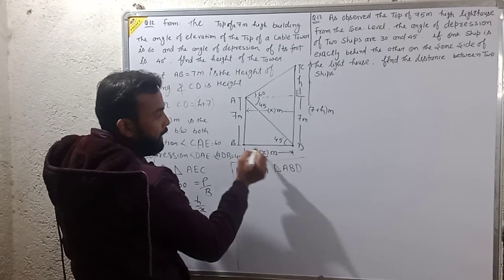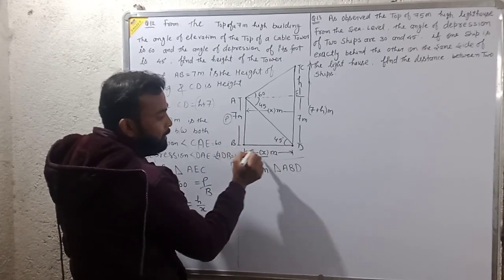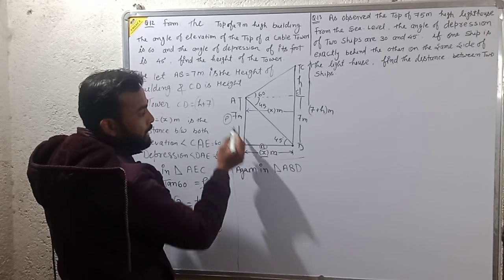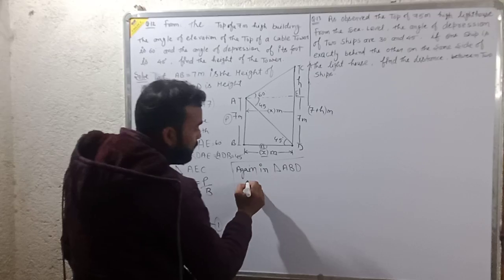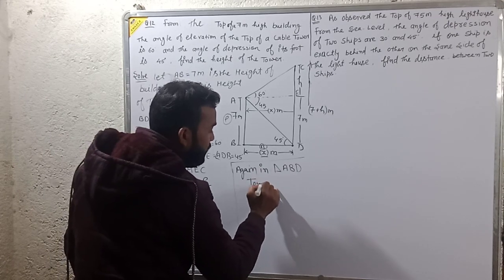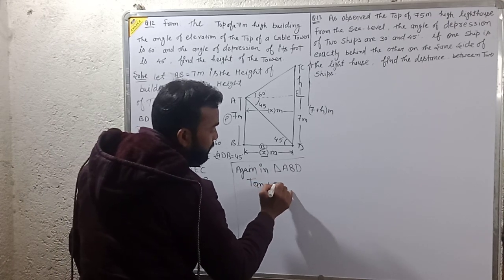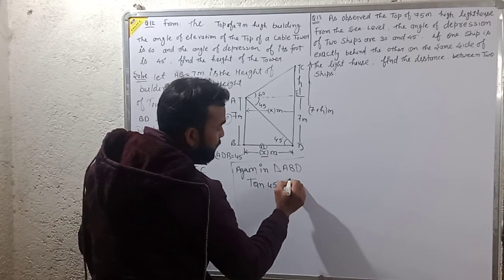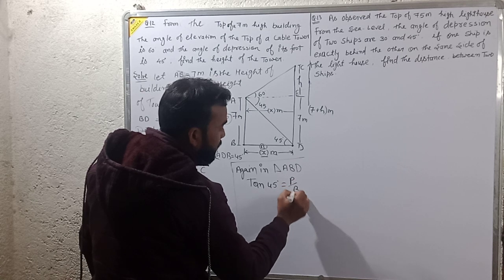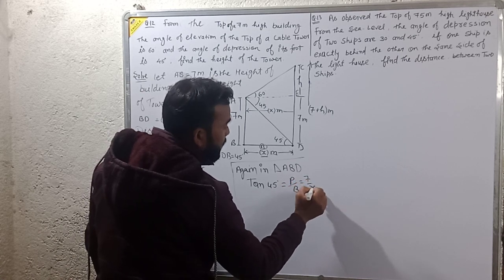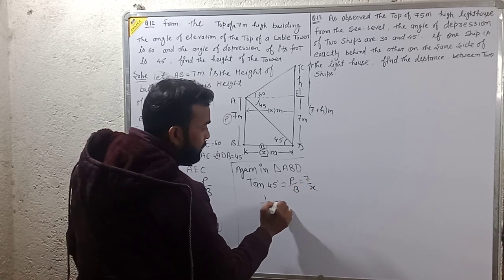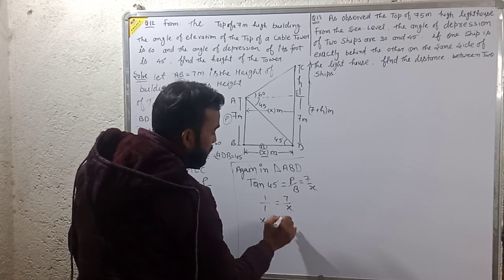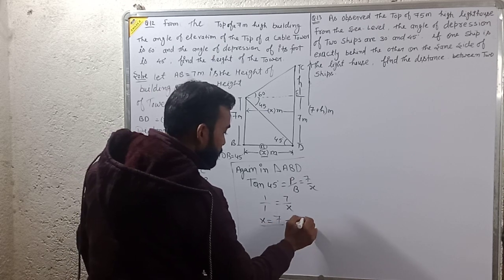According to 45, this will be the perpendicular and this will be the base. The relationship between base and perpendicular comes in tan, so we find tan 45 degrees, which is equal to P by B, equal to 7 by x. 1 by 1 is equal to 7 by x. x is equal to 7. This is equation number second.